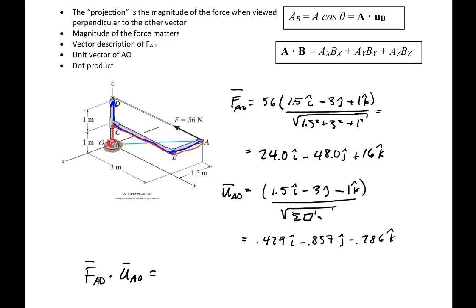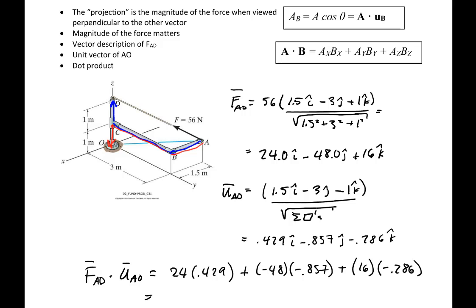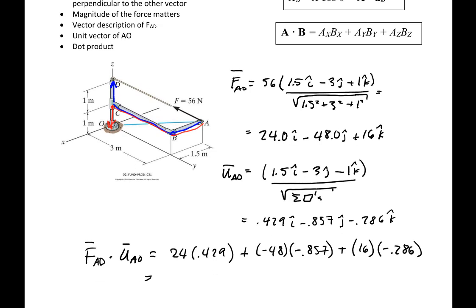It's going to be equal to 24 times 0.429 plus -48 times -0.857 plus 16 times -0.286, and that is equal to 46.9 newtons, and that's equal to the projection.